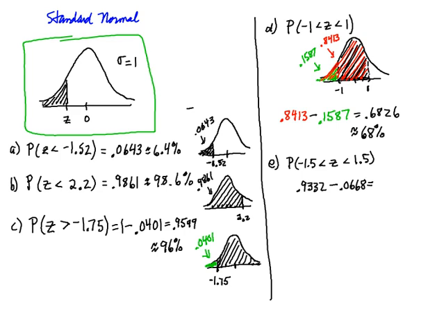So 0.9332 minus 0.0668, I would get 0.8664, or approximately 86.7% of the data values in a normally distributed data set will be within 1.5 standard deviations of the mean.